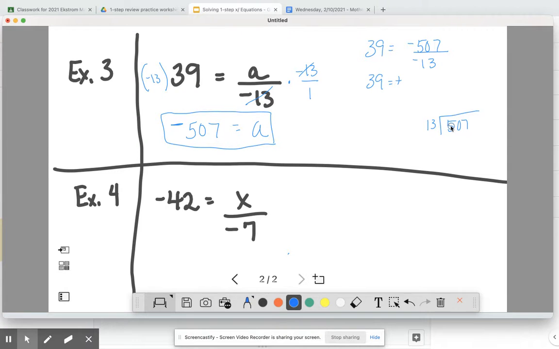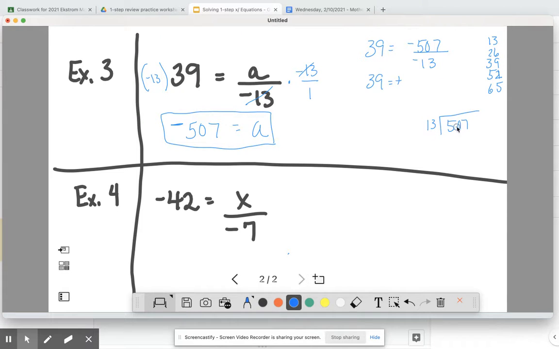Does 13 go into 5? No. Does it go into 50? Let me write out my multiples of 13 over here. 13, add another 13, 26, 39, 51. Nope, that would be 52, 65. Sometimes I like to just have the set of multiples ready.